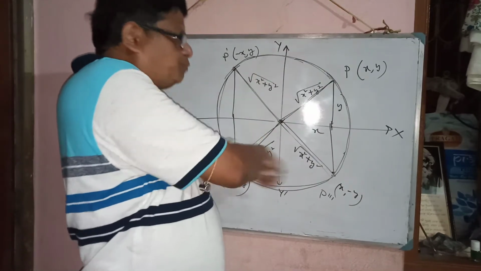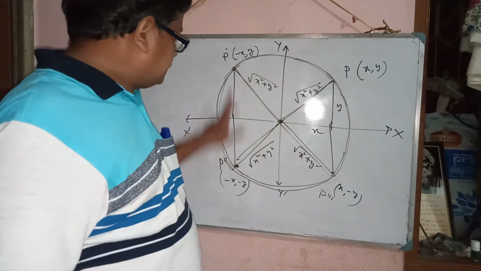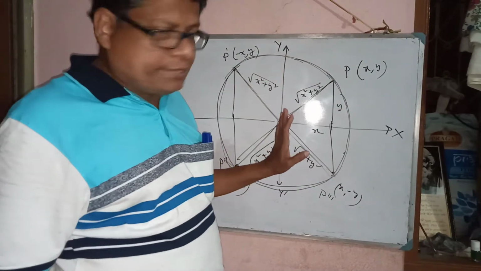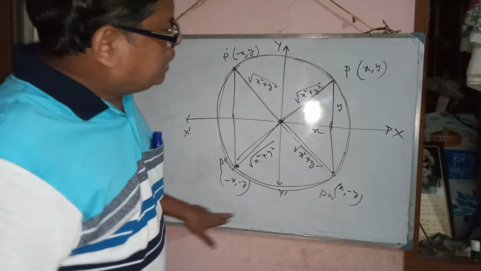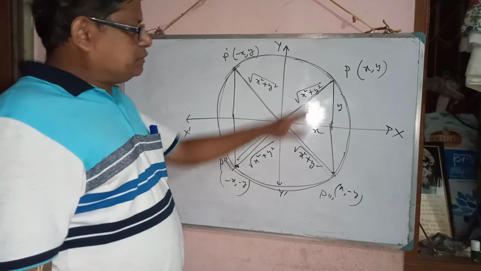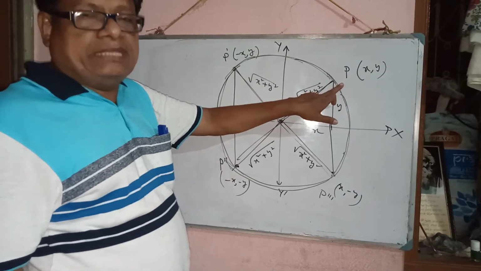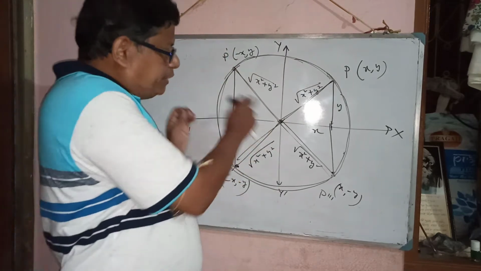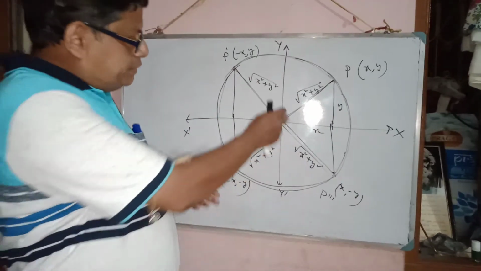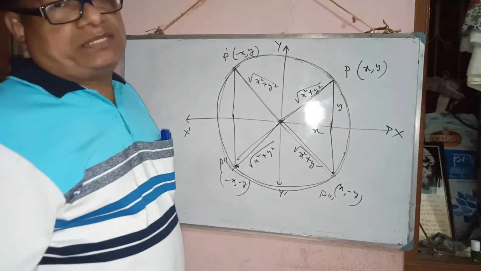Then the locus of the point, through the first position, second position, third position and fourth position, is called a circle. The fixed point is called its center. The distance from the center to the point will be the radius.